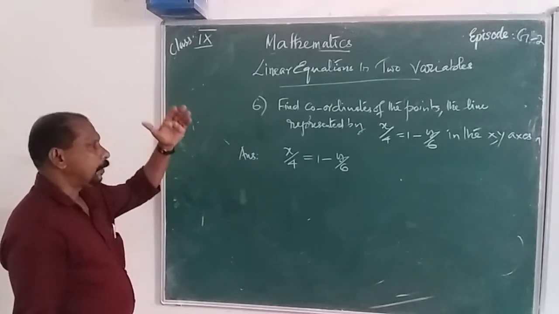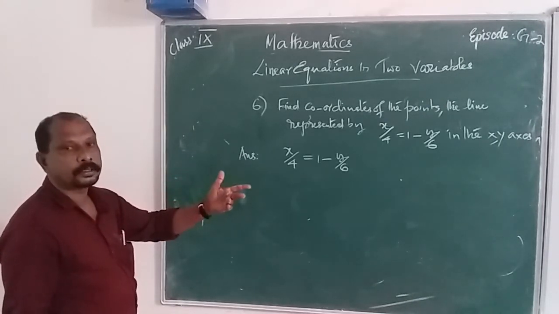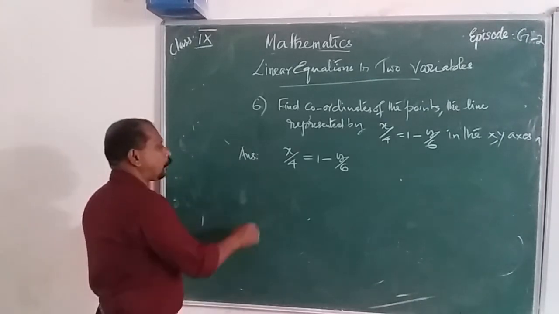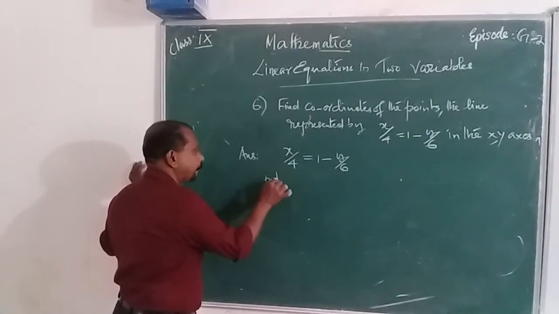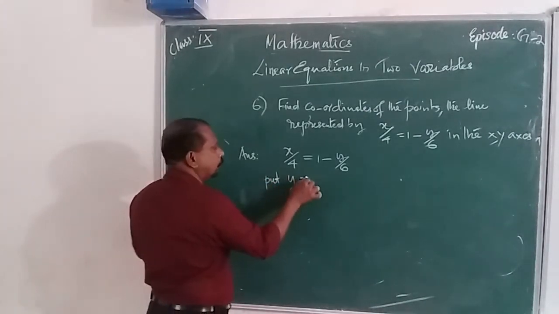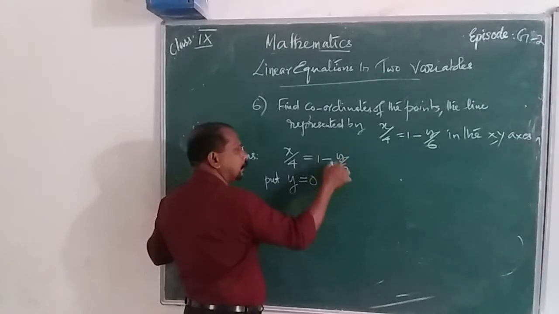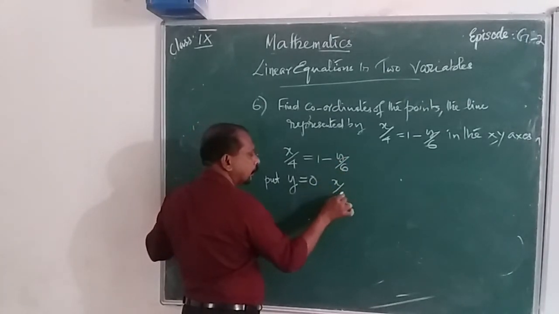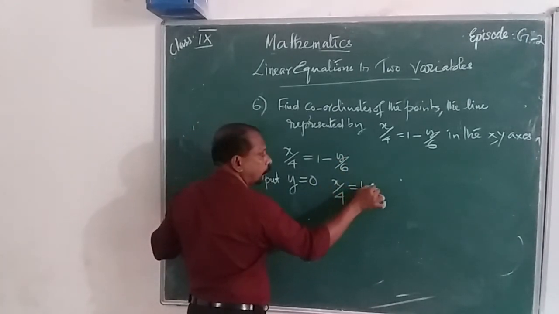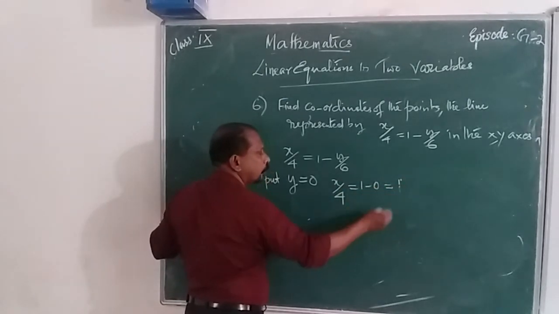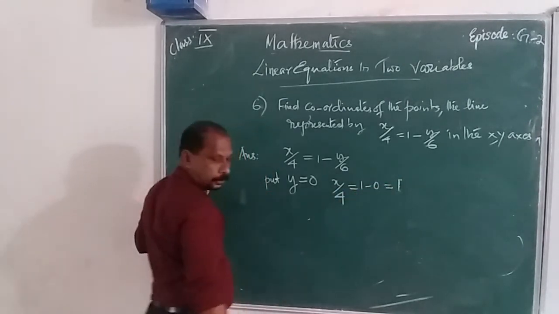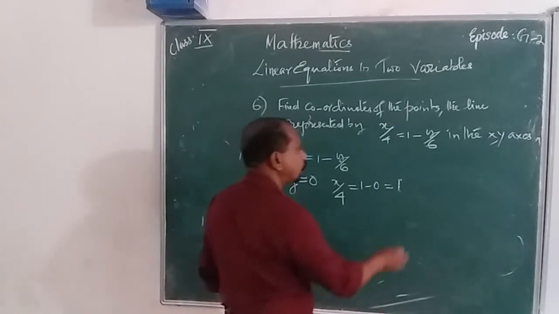But on the x-axis, y is 0. Therefore, put y is equal to 0. Therefore, this term vanishes. X by 4 is equal to 1 minus 0 is equal to 1. Cross multiplication, then x is equal to 4.